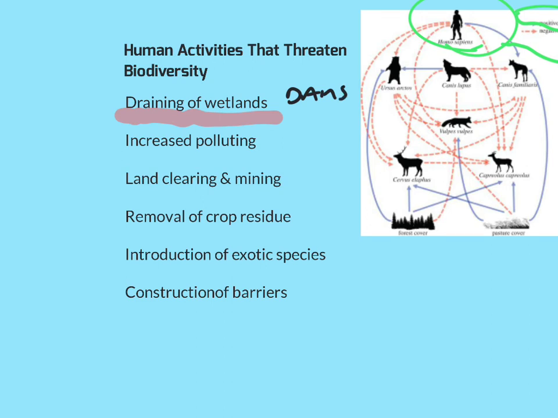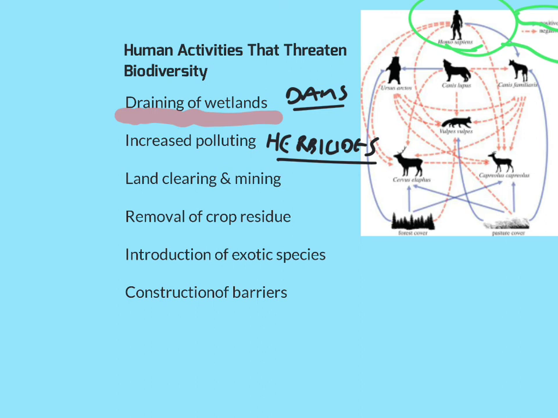One of the reasons would be to create dams. Also increased pollution. Again, there are many different ways that we would increase pollution here. And we talked before about herbicides and pesticides. They would be an extremely bad thing to introduce to an ecosystem in terms of amphibians.